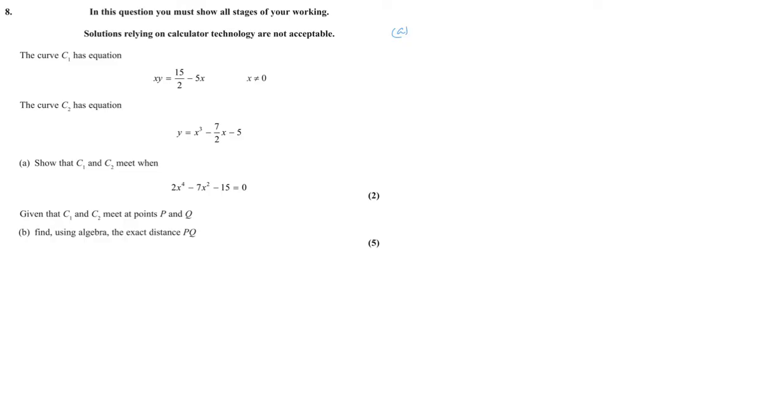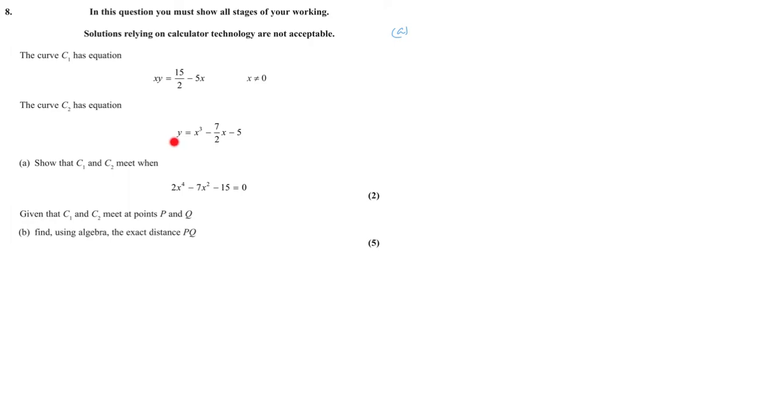We've got 2 curves, C1 and C2. Show that C1 and C2 meet at that point. Okay, so this point, if we look at this, it only contains x, whereas obviously C1 and C2 contain y. So we need to eliminate the y's.